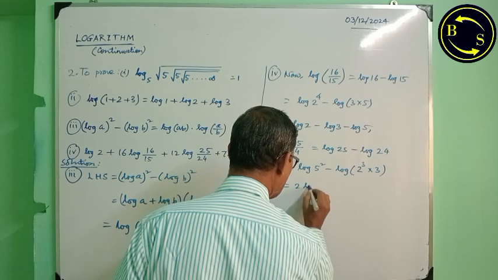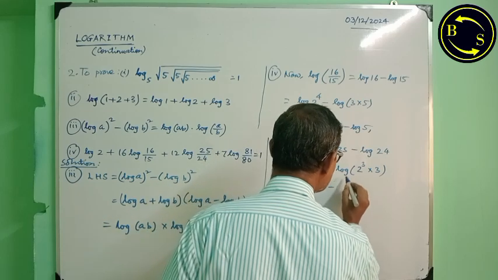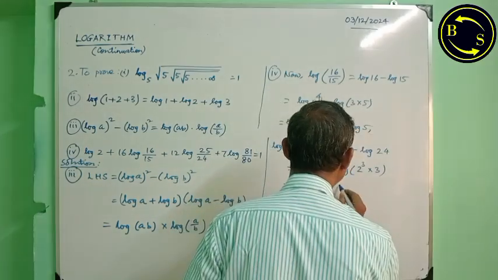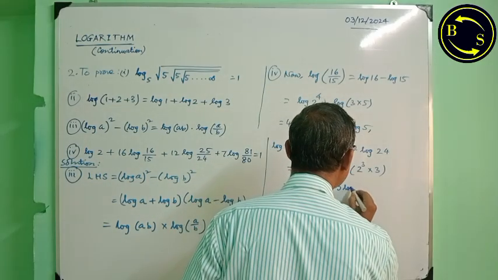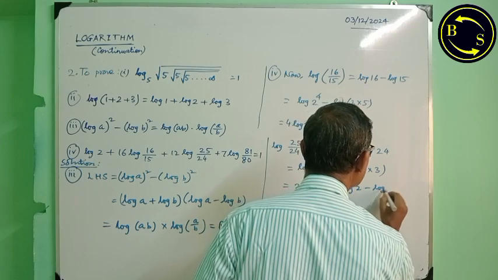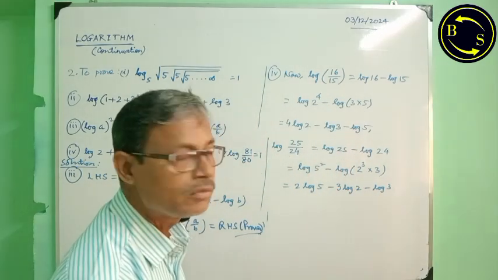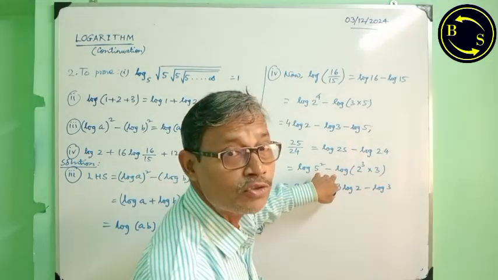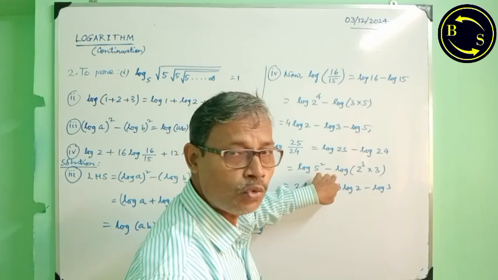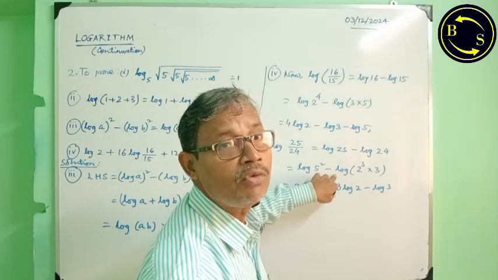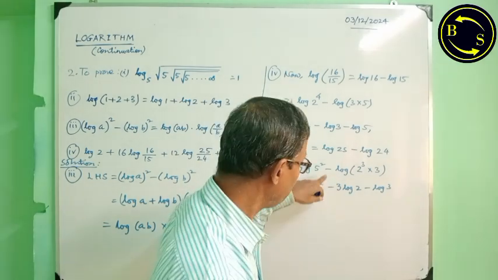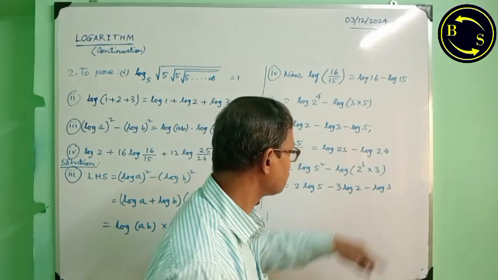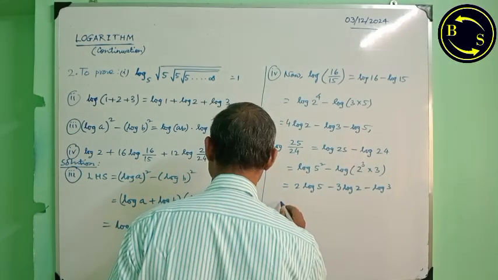Therefore, this will be 2 log 5 minus log of 2 cube plus log of 3, that means it will be 3 log 2 minus log 3. I have calculated mentally. First of all, log of within brackets 2 cube plus 3, that is equal to log of 2 cube plus log of 3. Now, if we remove the brackets, since there is minus sign before the bracket start, therefore it will be this.